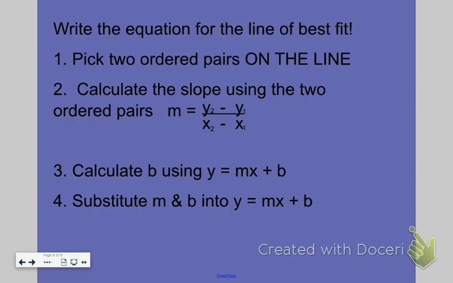Once we have the slope, we're going to calculate the y-intercept by plugging an ordered pair and the slope we just calculated into y equals mx plus b. And our last step is to substitute the slope and the y-intercept into the equation y equals mx plus b.